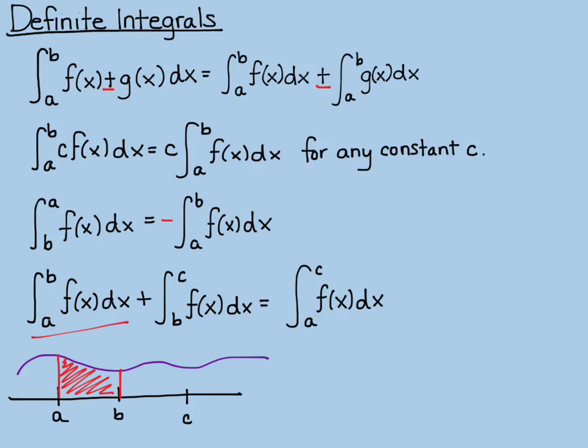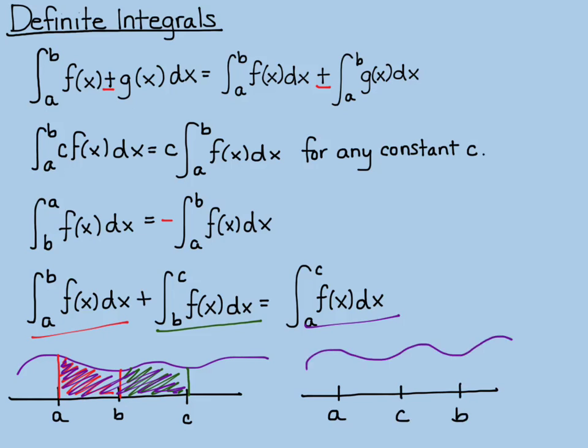So notice that if I wanted the integral from a to b to be this red shaded region, and the integral from b to c to be this green shaded region, then adding these two together would actually give me the area of the purple shaded region, or everything. But this also works if b is not in between a and c.